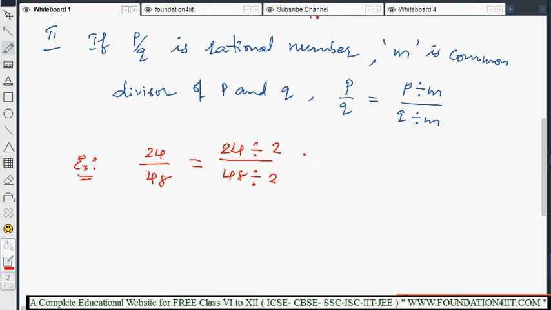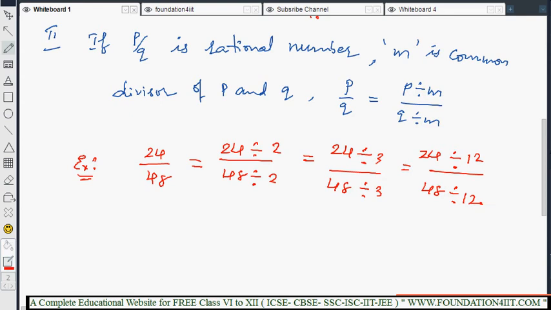Not only 2, we can divide with 3 also: 24 divided by 3 by 48 divided by 3. Some more: 24 divided by 12 by 48 divided by 12. Now these are all equal.